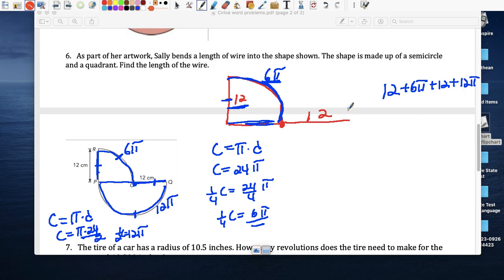We need to add the 6 pi and the 12 pi, which is 18 pi. 18 times pi, enter, plus 12 is equal to 80.55 approximately, rounded. What's the unit? Centimeters. Okay.